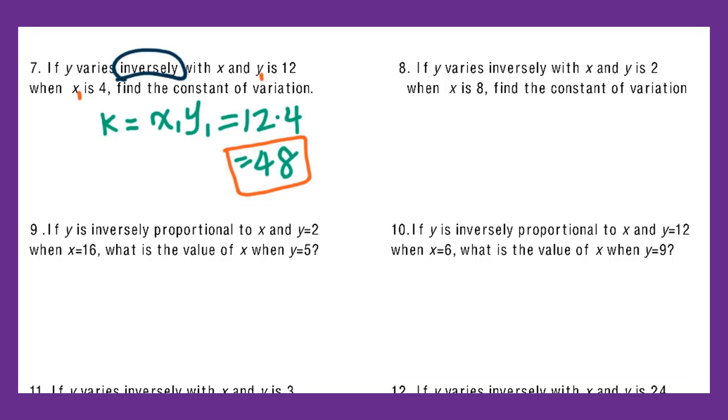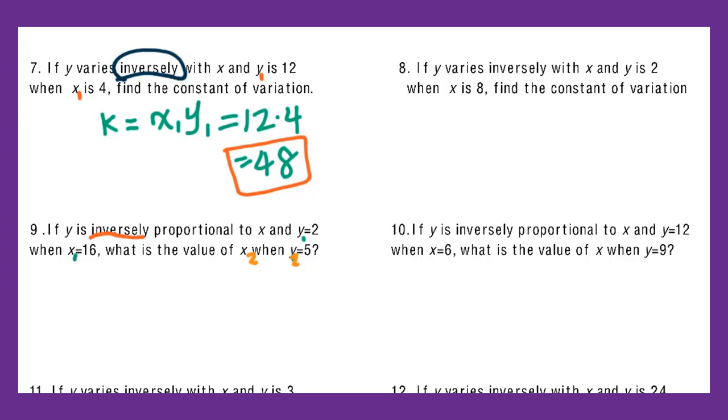For number 9, if y is inversely proportional to x and y equals 2 when x equals 16, what's the value of x when y equals 5? Still, we need to label y1, x1. For any variable, when the value is given, we always label y1, x1, and y2. We're looking for x2 now.